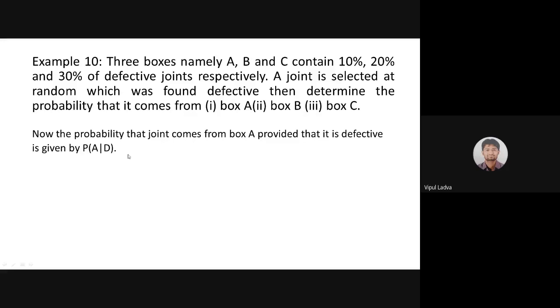So the labeling will be: defective will be a condition, and we are looking for the occurrence of event A, so it will be the probability of A with respect to D. Now observe, as I said, A, B, C, these three are equally likely events. Moreover, these three are mutually exclusive and exhaustive events.